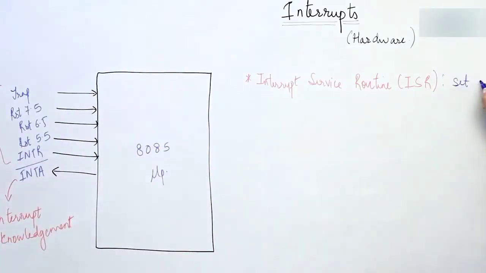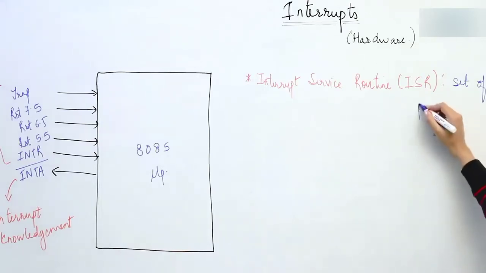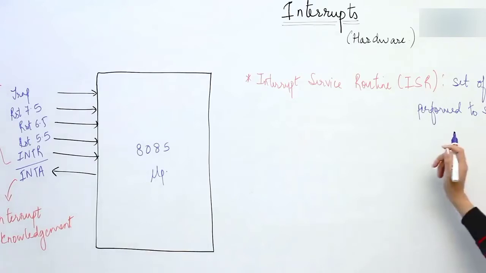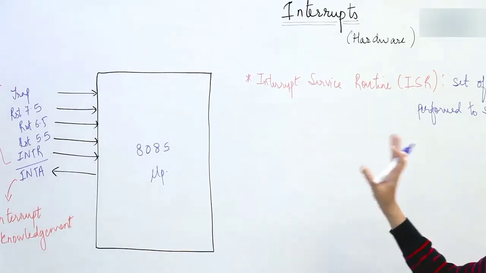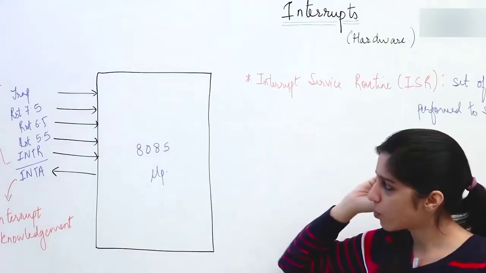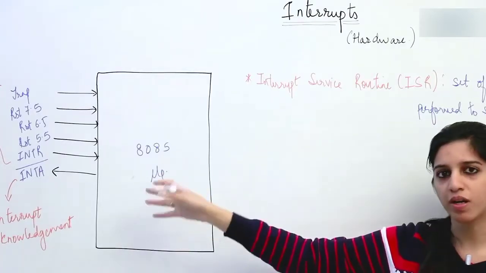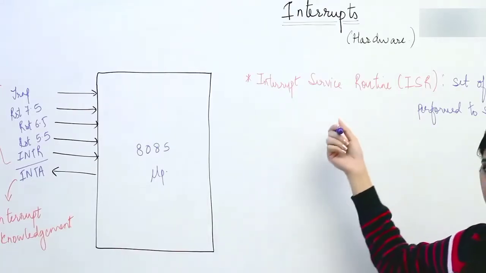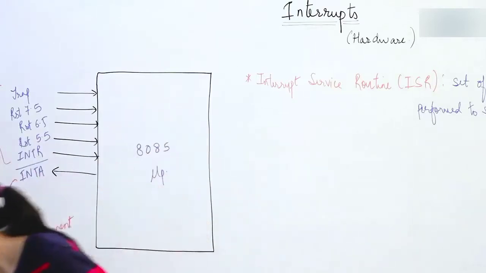ISR is a set of instructions to be performed to service the interrupt. They are saved in some particular memory location, and whenever you raise an interrupt, the microprocessor will route the program and this particular set of instructions that are saved is executed. That is known as ISR, or interrupt service routine.